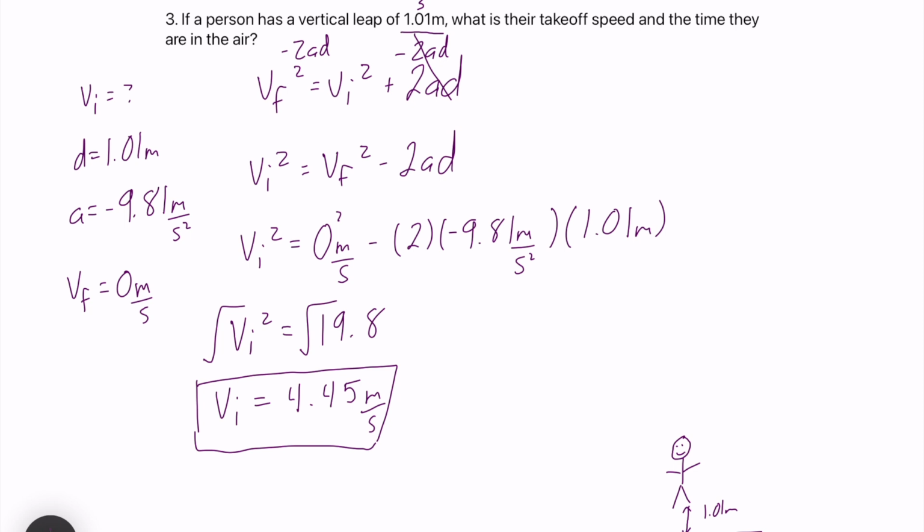Okay, in order to find their total hang time, we need to multiply the time it takes to get to the peak by 2. If we do that, we will find the entire hang time that the person is in the air. Okay, so we're going to go ahead and do that. First, we need to figure out a formula to use.